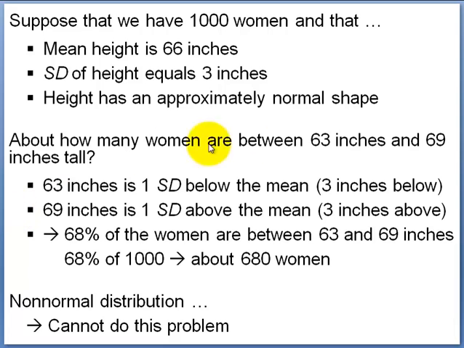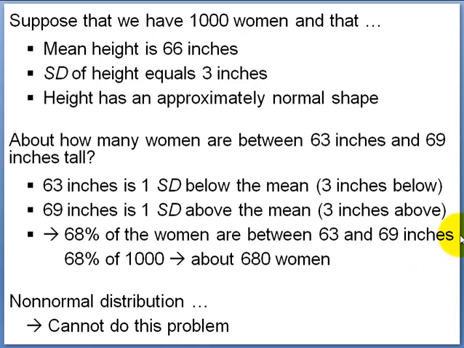So this range from 63 to 69 is indeed a range from one standard deviation below to one standard deviation above the mean height.